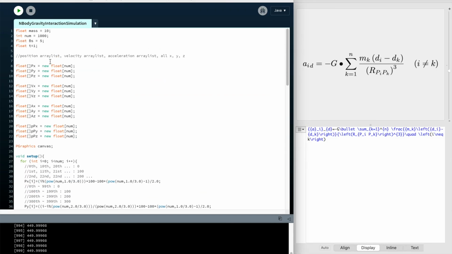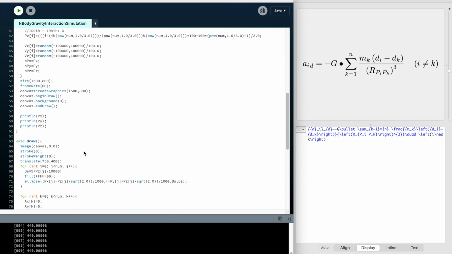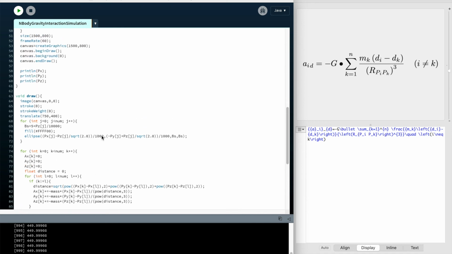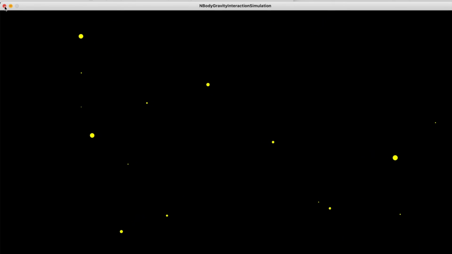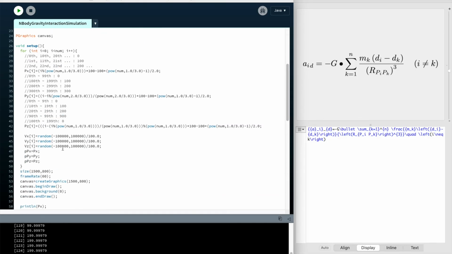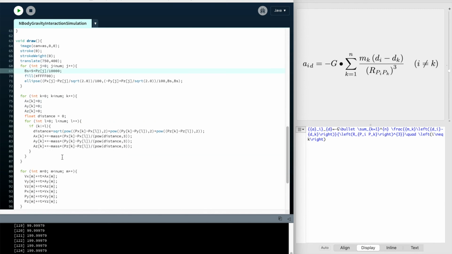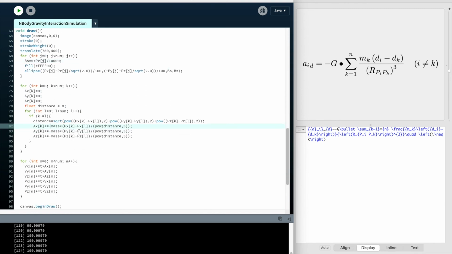Let's use a smaller number of balls. So let's have 125 and then see what happens. They're too far. Okay. So I think the problem is the acceleration is too big. So if I multiply 0.1 to the acceleration value, then I'll get something better, maybe.